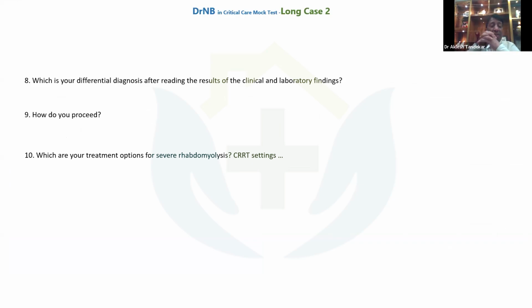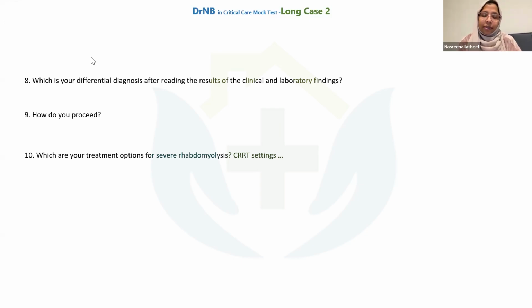So, how do you proceed as far as the treatment of rhabdomyolysis is concerned? How will you treat? Ideally, hydration is the treatment initially, but if my patient is already in fluid overload with refractory hyperkalemia, then I will have to consider optimization of the fluid status by removal.